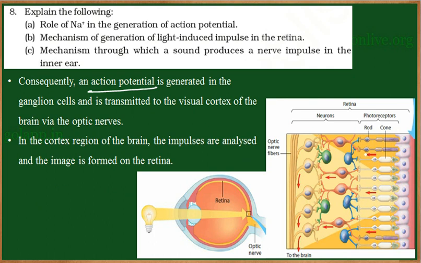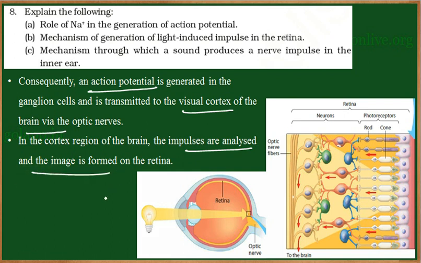It is transmitted from the bipolar neuron to ganglion neurons and from the ganglion neurons to the optic nerve fibers. And these optic nerve fibers carry the information to the brain, at the visual cortex of the brain. Now this visual cortex of the brain receives the impulses, analyzes them, and the image is formed.